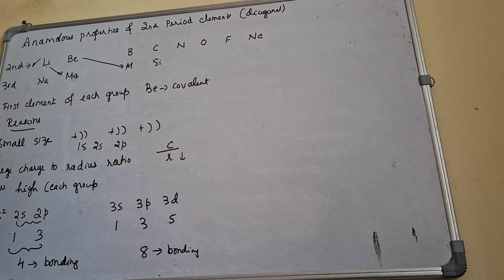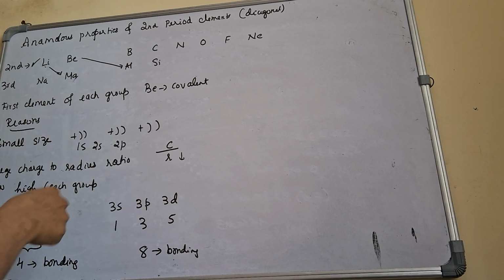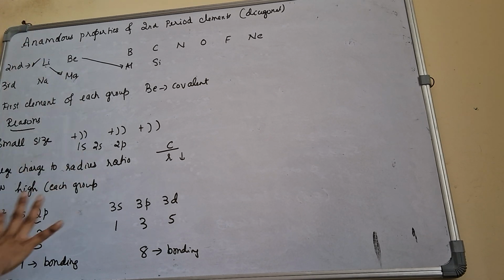The reason is because of the small size, there is more crowding, there is a large charge to radius ratio, electronegativity of the first element of each group is very, very high, and they will have only 4 orbitals available for bonding, whereas from the third period onwards they have more orbitals available for bonding. So, they can expand their valence shell to accommodate more than 4 pairs of valence electrons. This part, like I mentioned, will be clearer when you study chemical bonding.